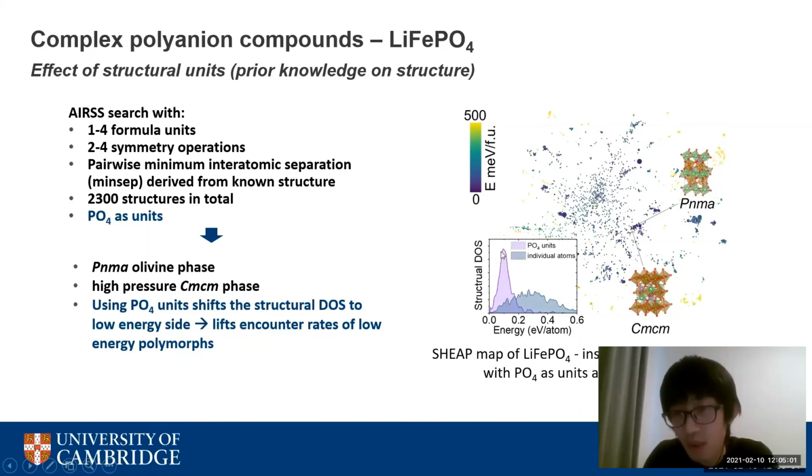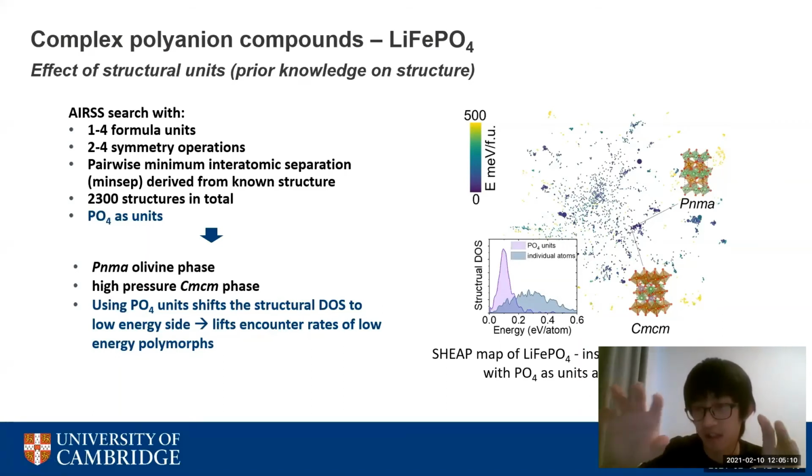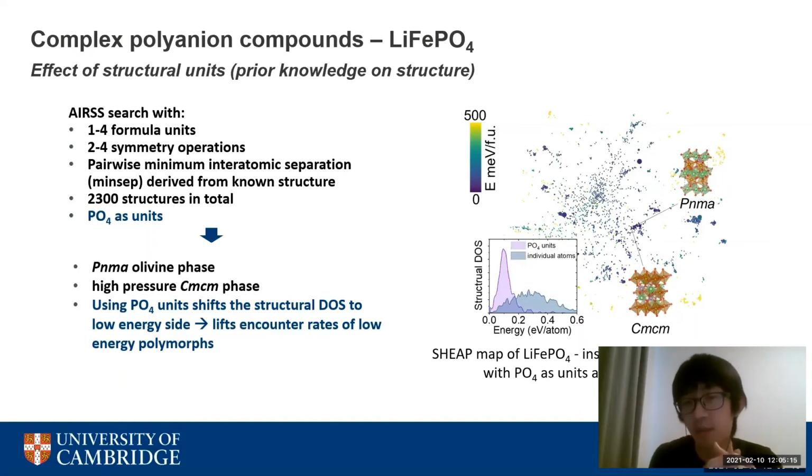If we do not constrain the PO4 as units and just put them as individual atoms, the structural density of states is dispersed to the high energy side, which essentially means that we are not able to get very efficient sampling of the low energy configurations. So what I want to say is that if we know any structural information on this system, we better put it into the search, say, constrain the atoms into units, like PO4 units.